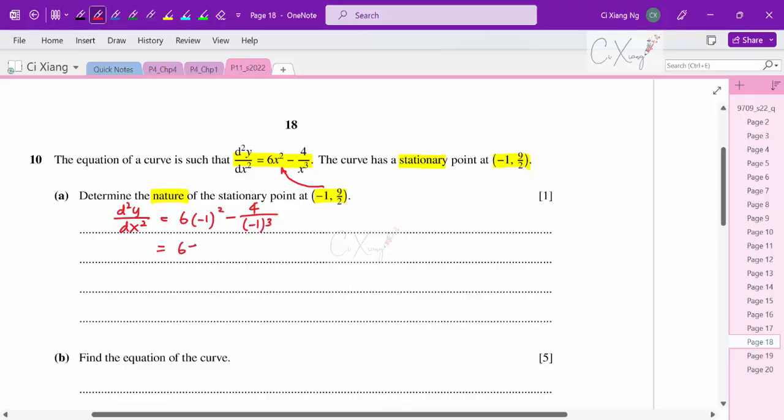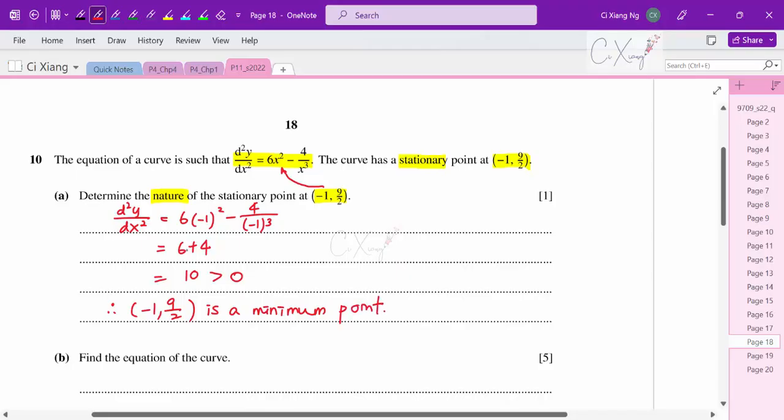We have 6 plus 4, which is 10, and 10 is greater than 0. So when the d square y dx square value is greater than 0, it concludes that this stationary point is a minimum point. We should write out the conclusion that this is a minimum point.